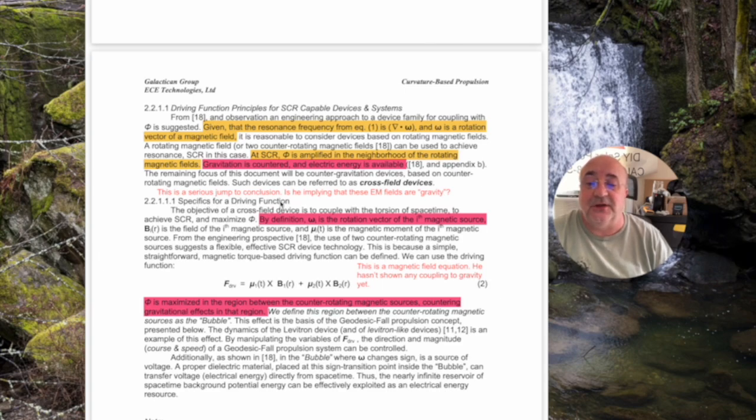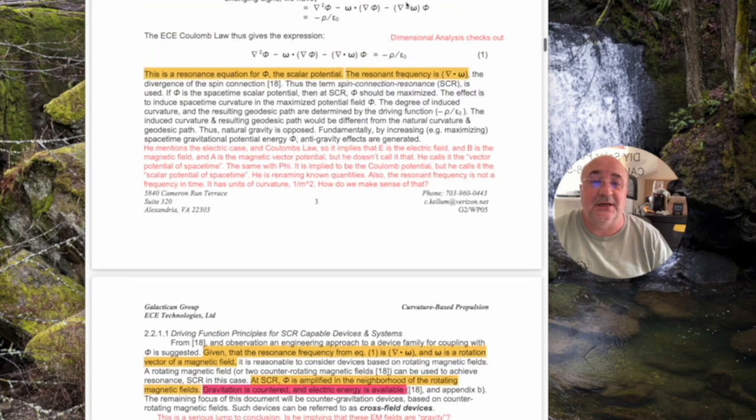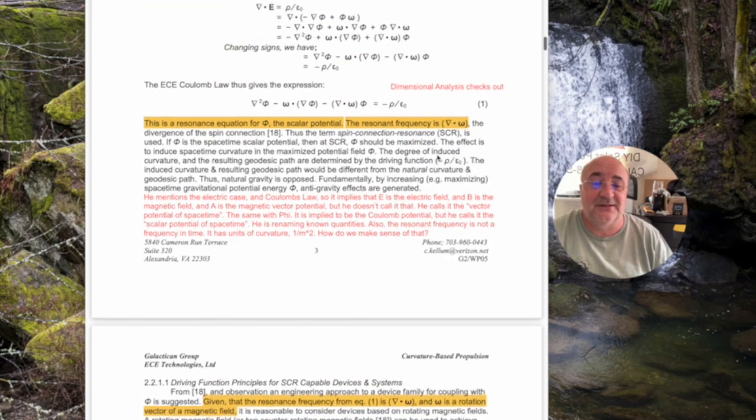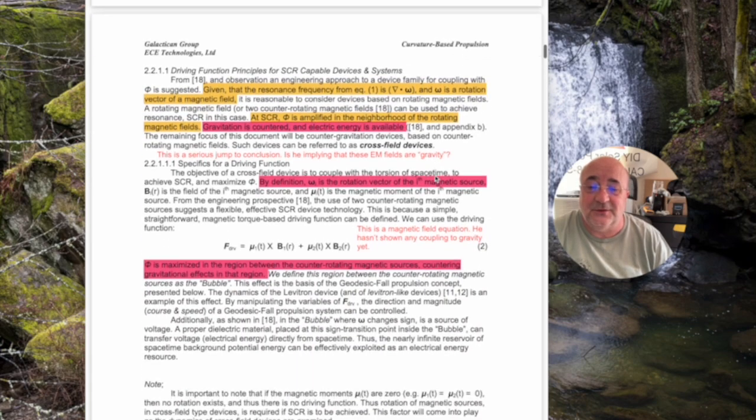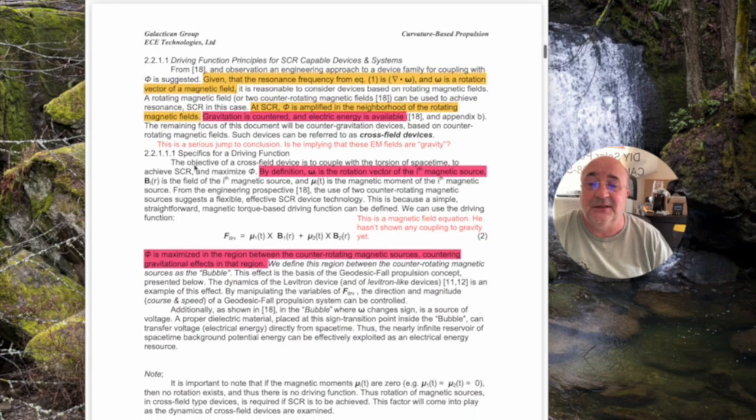Specifics for the driving function. Well, before, the driving function was just the Coulomb constant, or the Coulomb charge. So here he redefines it. The objective of the cross-field device is to couple with the torsion of spacetime to achieve spin connection resonance and maximize phi.